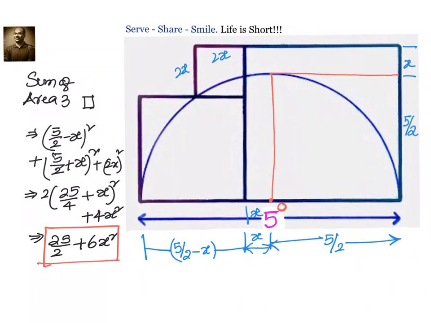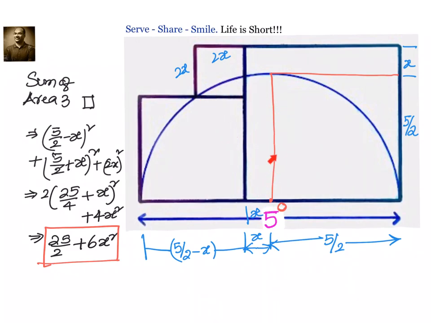Now let us see how to find the value of x. For that, we will take the center of the semicircle and join it to this particular point. What is the logic behind that? The logic is, since it is a radius, this length will be 5 by 2, and we know this length is equal to 5 by 2 minus x, because this is the side of the square, and we can easily find this length as 2x plus x, which is equal to 3x.